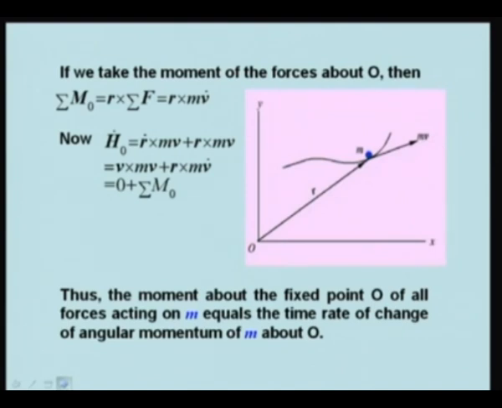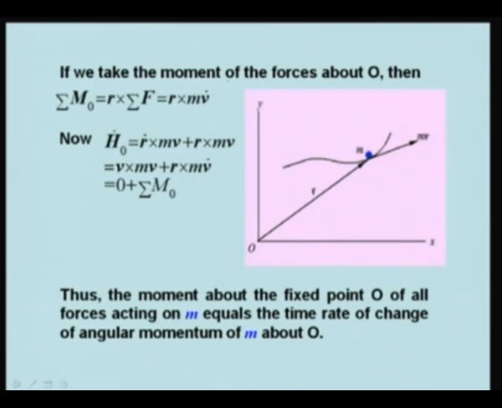If we take the moment of the forces about O, forces which act on the particle, then sigma M0 will be R cross sigma F, that is R cross m v dot, because sigma F is equal to m v dot.